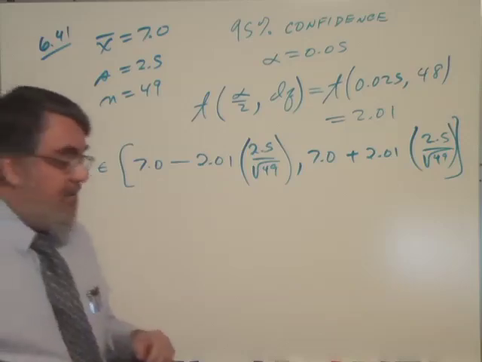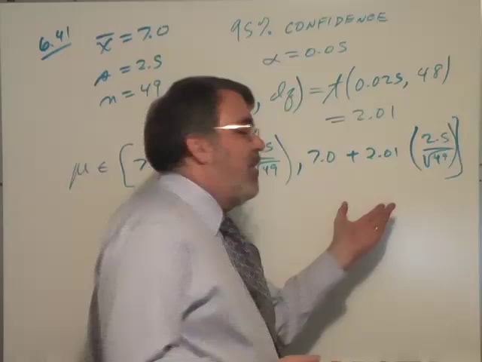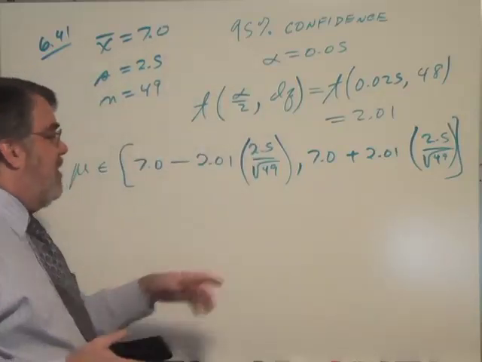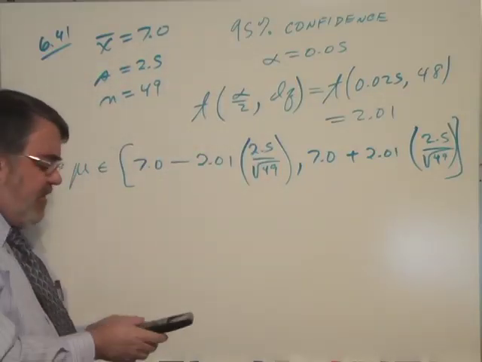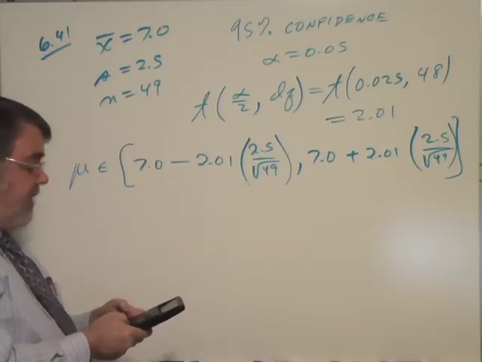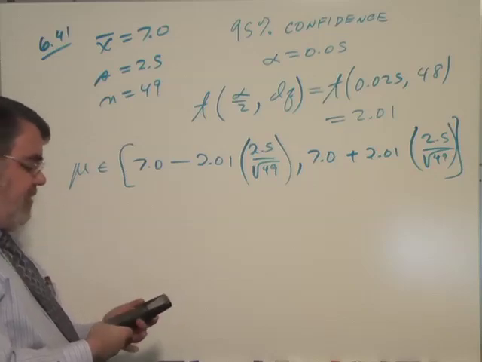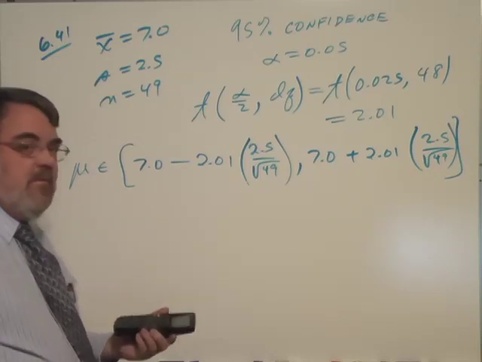All right, so let's calculate that. So now it makes it kind of easy because the square root of 49 is 7, so I'm going to enter 7 when I do that. Calculating the margin of error, 2.01 times 2.5 divided by 7 is 0.72.